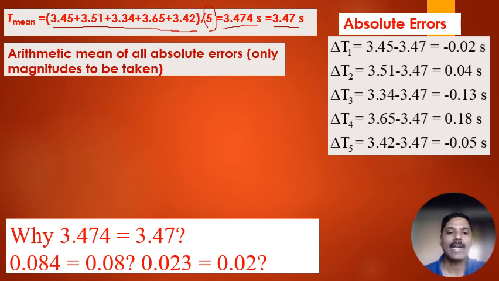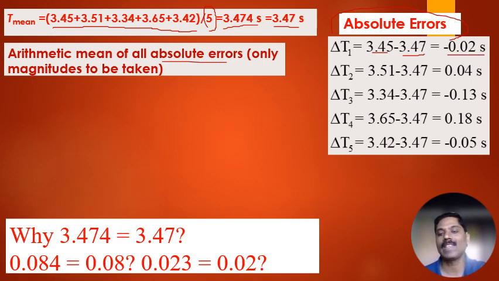The arithmetic mean of all absolute errors is taken here, and absolute errors are estimated on the other side. The absolute errors, as we defined earlier, are the differences between the individual measured value and the mean value of all the individual measured values.